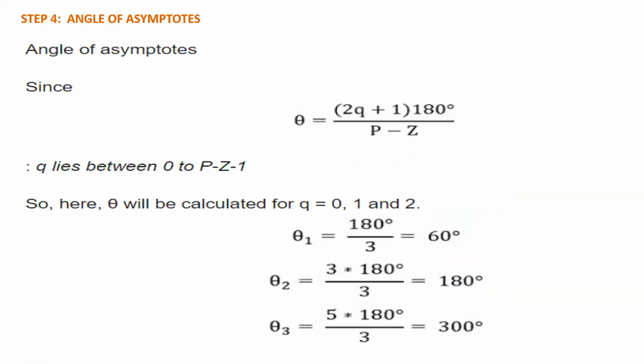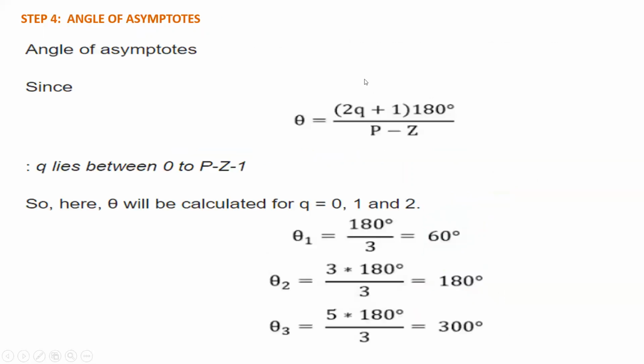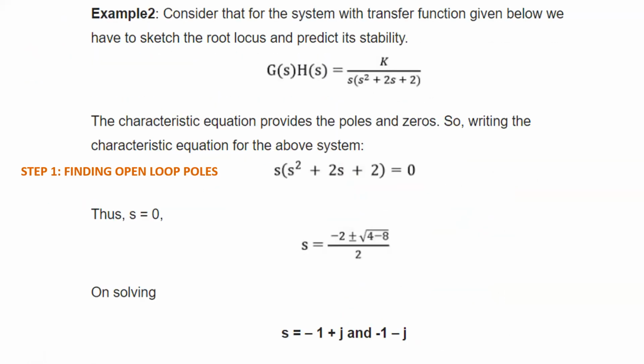Moving on to the next rule, the centroid of these asymptotes. It is the sum of real parts of poles minus the sum of real parts of zeros. We have a pole at s equal to 0 and poles at these two places. We need to take the real parts only: 0, minus 1 and minus 1.